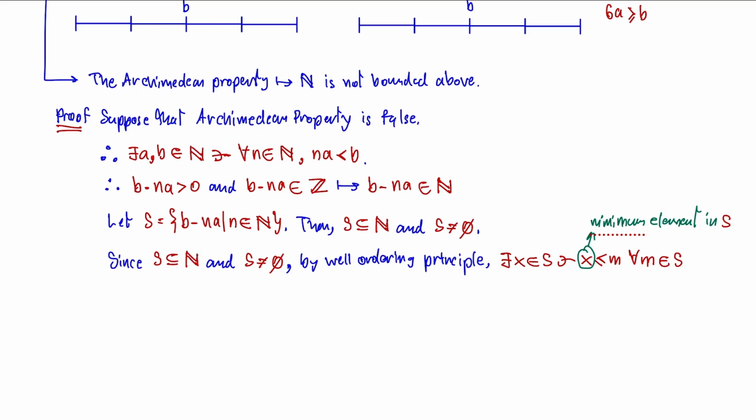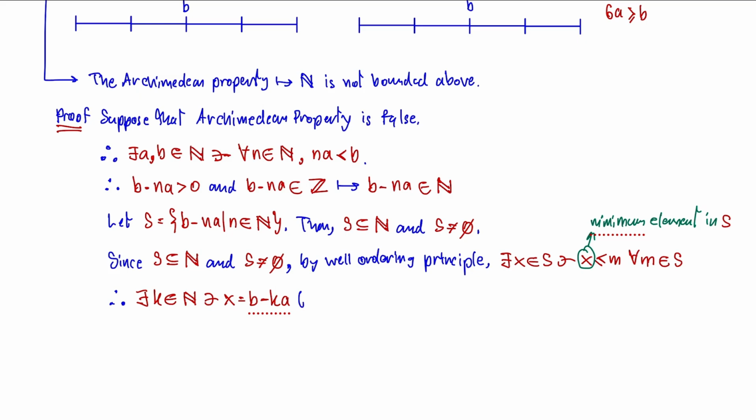This means that we can find a positive integer, let's say it is k, right here, such that x becomes, in this form, b minus ka. Okay? What does it mean by this?